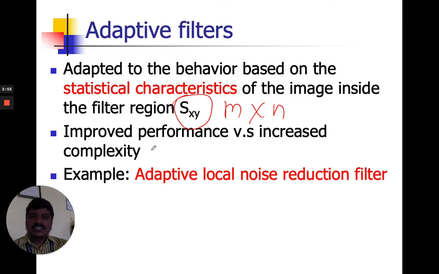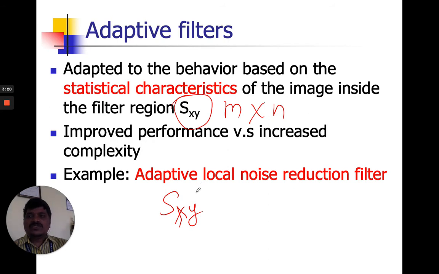Based on these two parameters, the adaptive filters work. These filters operate on a local area or local region, that is called S xy. We are applying this particular filter in a local region.